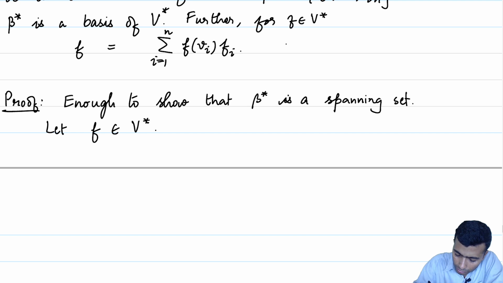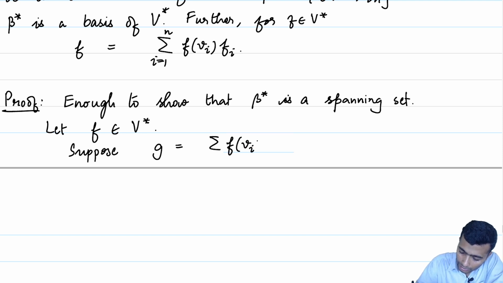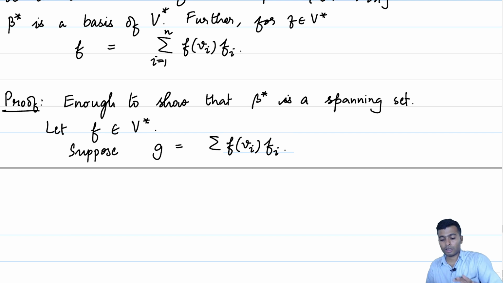So, suppose g is equal to summation f of Vi times Fi. f is a linear functional on V, and therefore summation f of Vi times Fi is a very valid, honest element in V star.